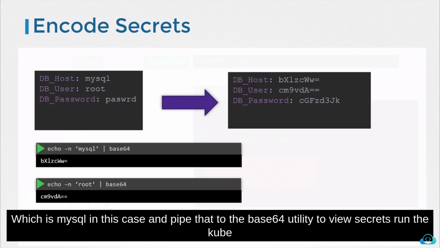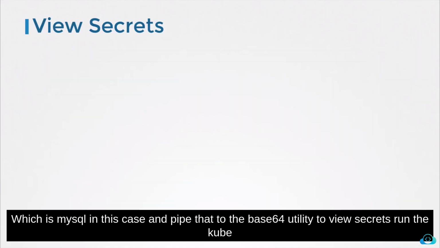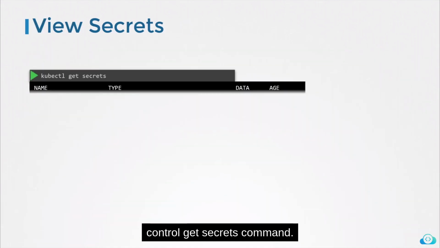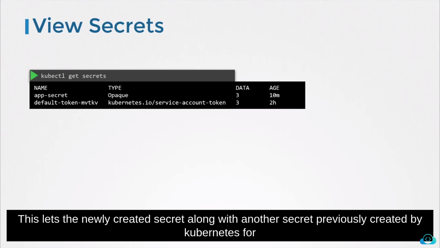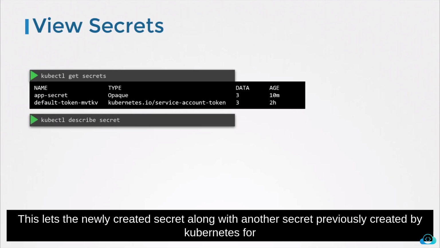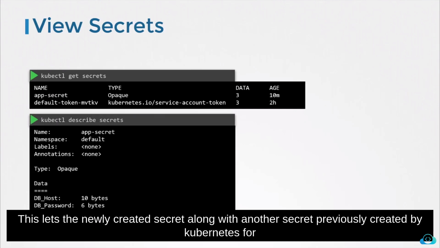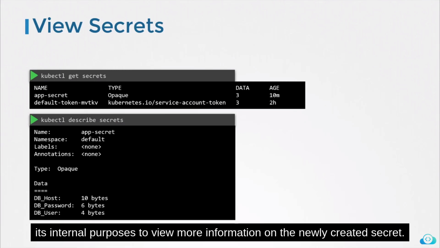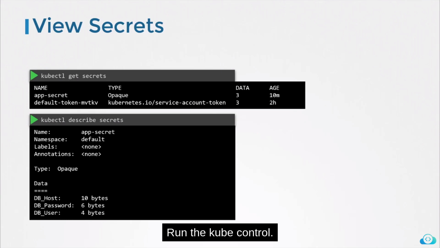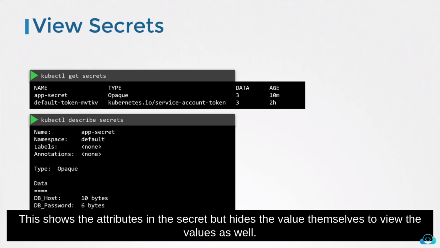To view secrets, run the kubectl get secrets command. This lists the newly created secret along with another secret previously created by Kubernetes for its internal purposes. To view more information on the newly created secret, run the kubectl describe secret command. This shows the attributes in the secret, but hides the values themselves.